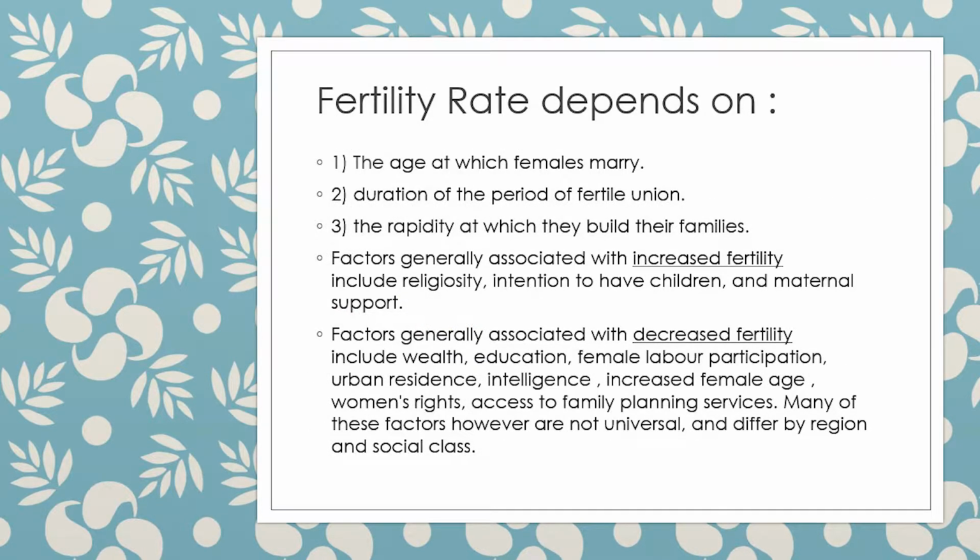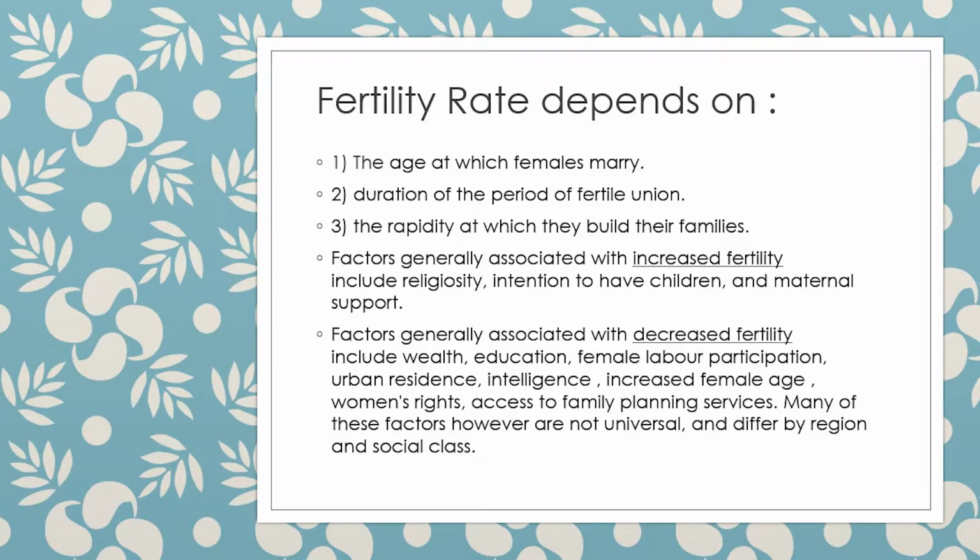Now we are going to discuss a few factors on which fertility rate depends. First one, the age at which the females marry. Next one, the duration of their fertility union. Then the rapidity at which they build their families. Other factors generally associated with increased fertility include religiosity, intention to have children, and maternal support.